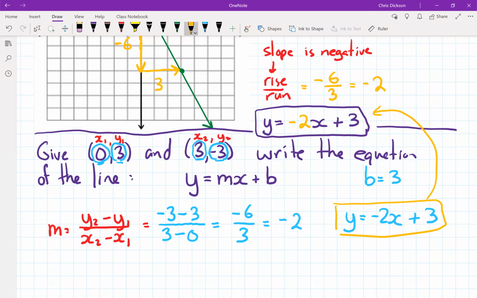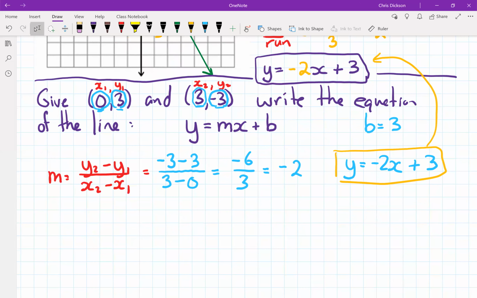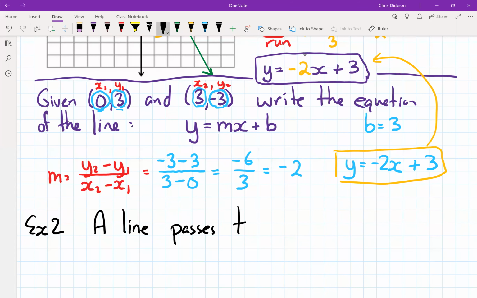So here we go. So let's try one more question of that type. And let's call this example 2. So let's say there's 2 points. There's a point, so a line passes through, let's say (-3, 1), and let's say (2, 4).